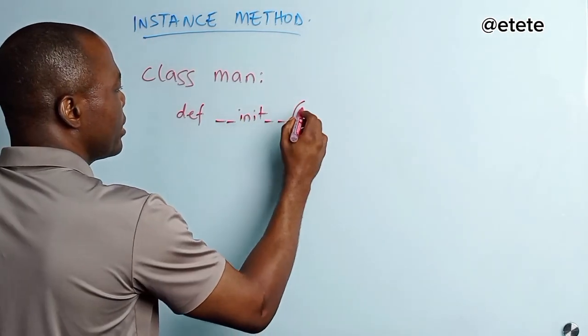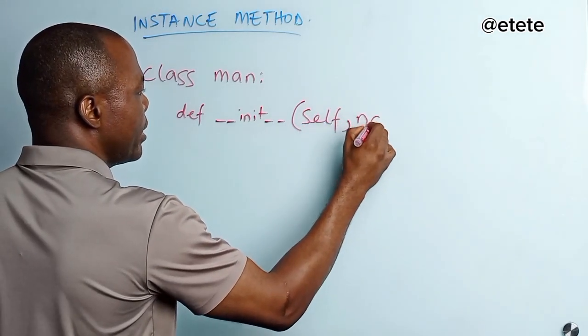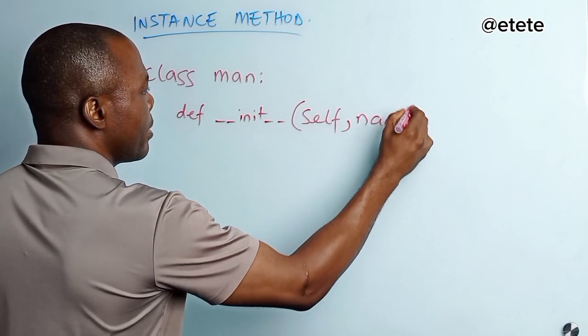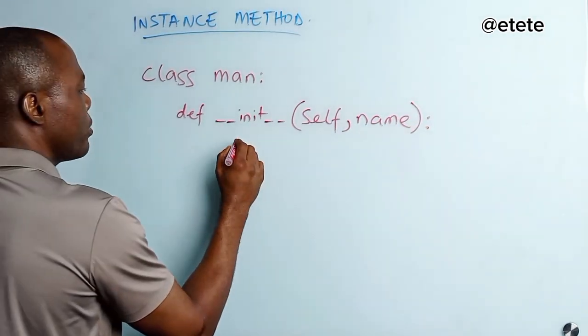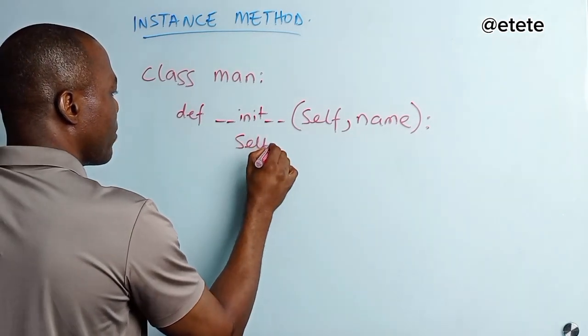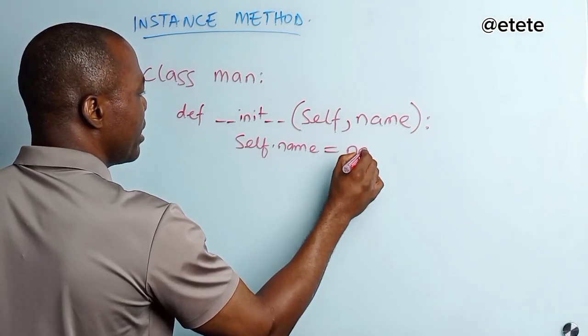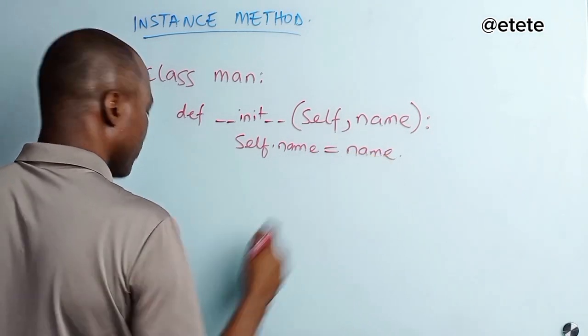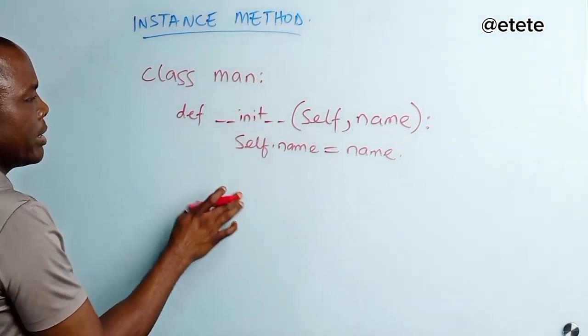And here I will say self and then name, right? This is what we usually do. And then we'll come here and we'll say self dot name, and then we assign the name to it. Okay, now this is the class that we've declared.